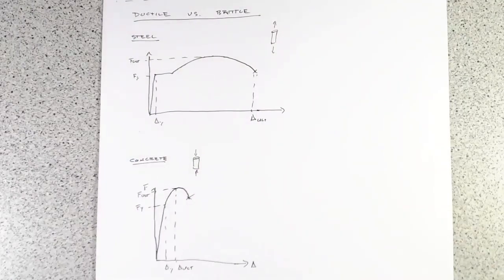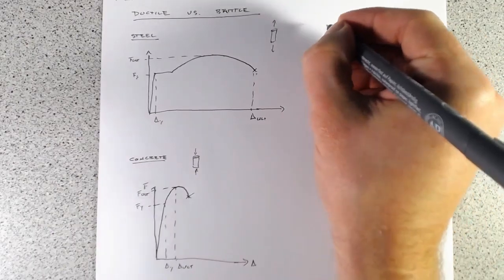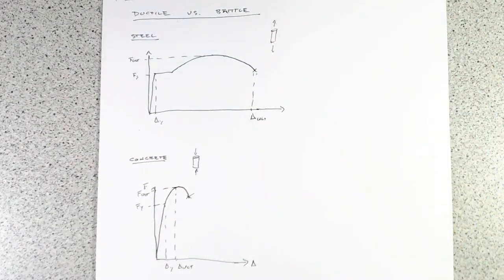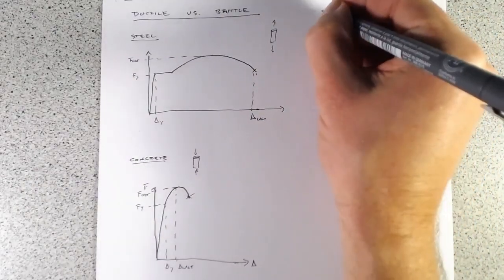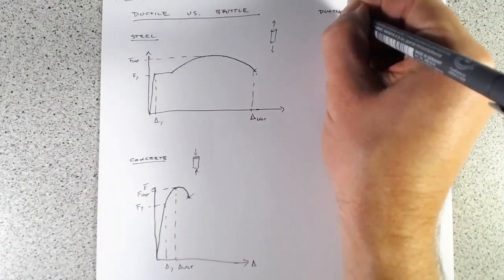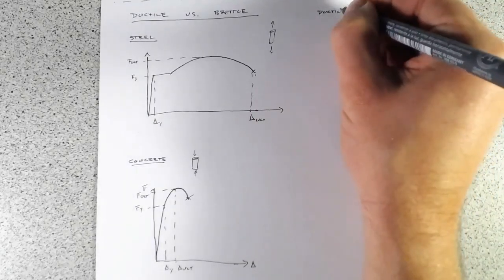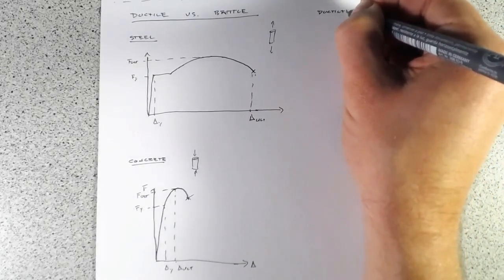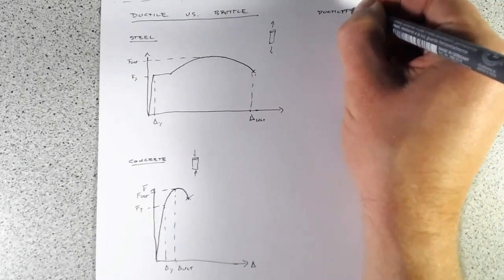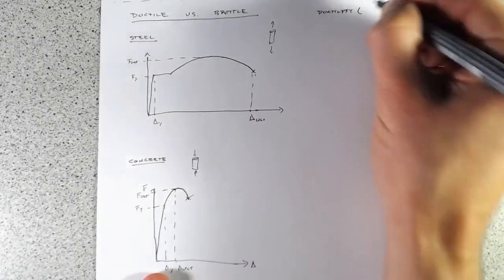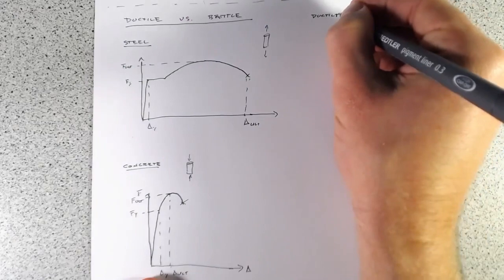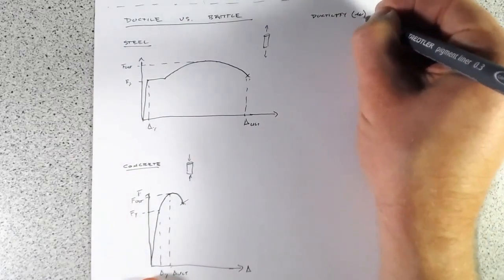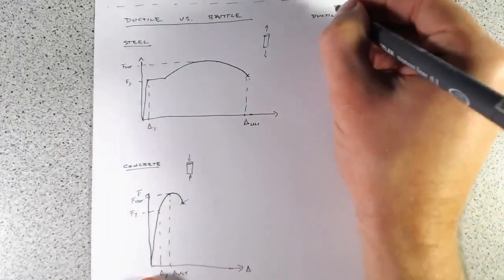Ductility is how we measure how much deformation a material or a structural element can take while still supporting load without breaking. So ductility, we give it the symbol mu.